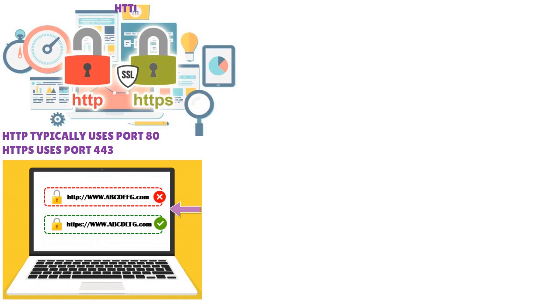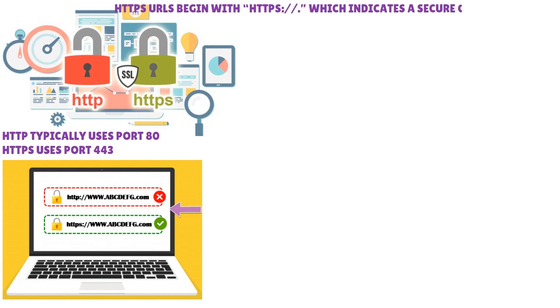When it comes to HTTP, you have http://www.blablabla.com, right? But the URL is formatted slightly differently for HTTPS. For HTTPS, it will start with https://www.blablabla.com. And this automatically indicates a secure connection.